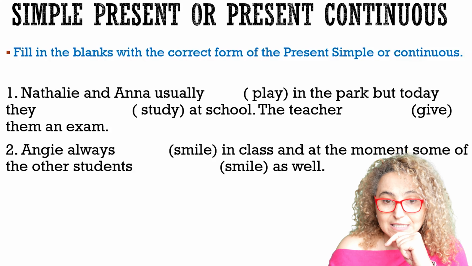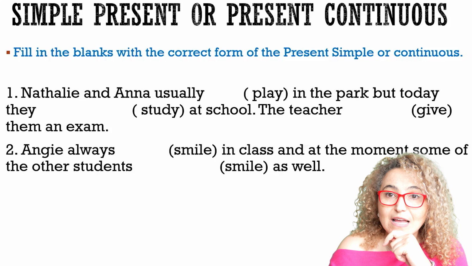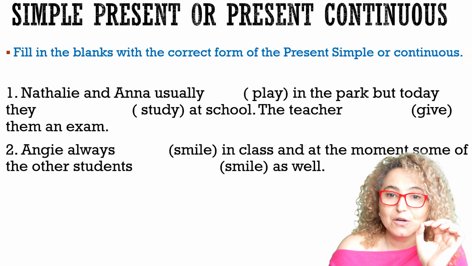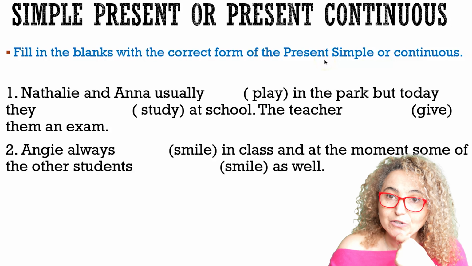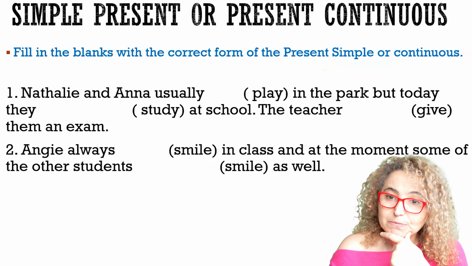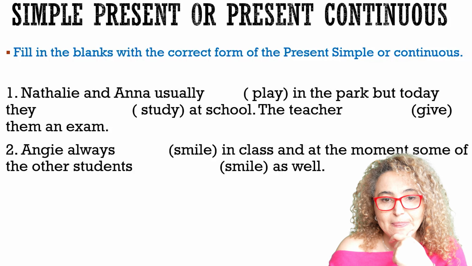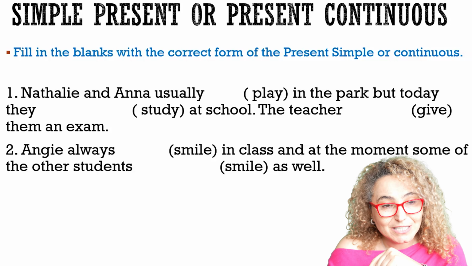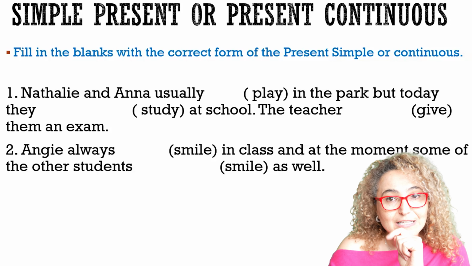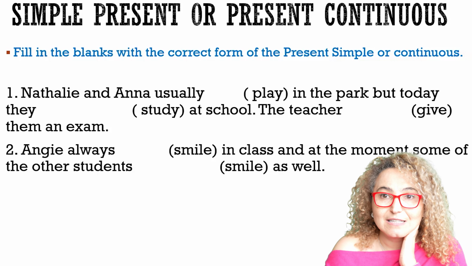Okay, so these are sentences and you need to choose the correct verb form, which means you need to think about which verb should I use, simple present or present continuous. Let's look at the first sentence, and of course get your pen and paper ready so you can write down some answers and then check if you've got the right answers at the same time.